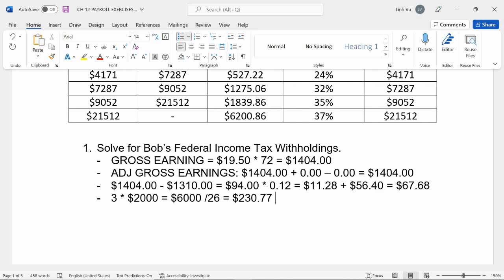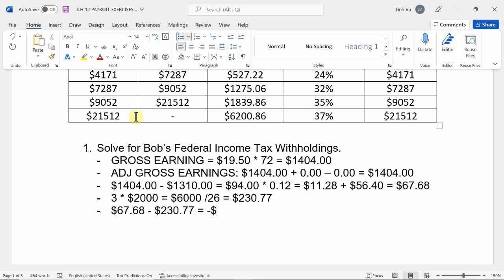If I take the $67.68 and subtract this $230.77, how much do I get? It's negative.